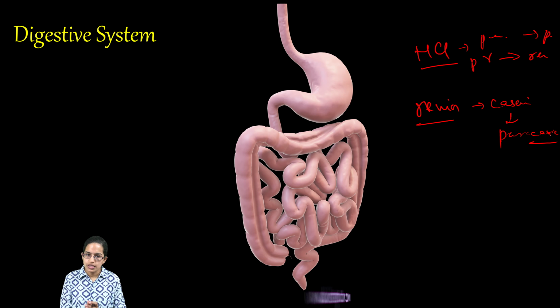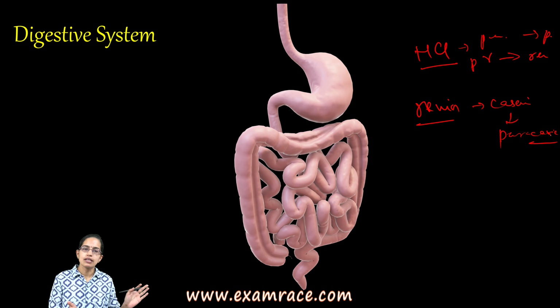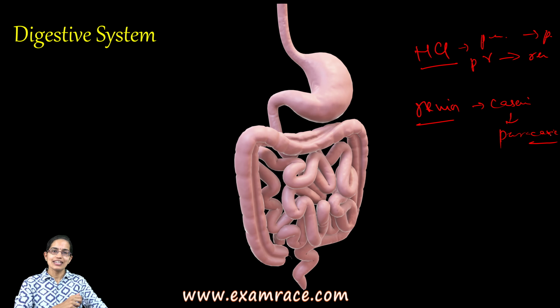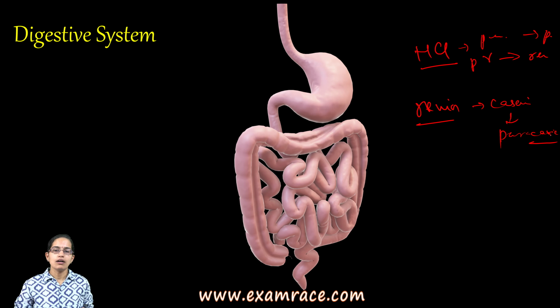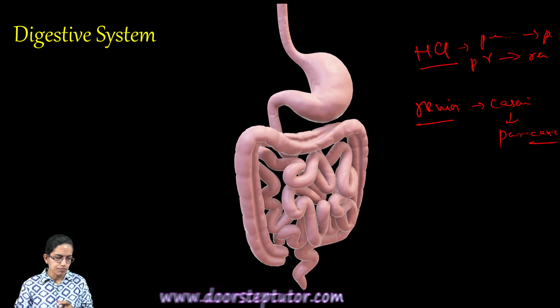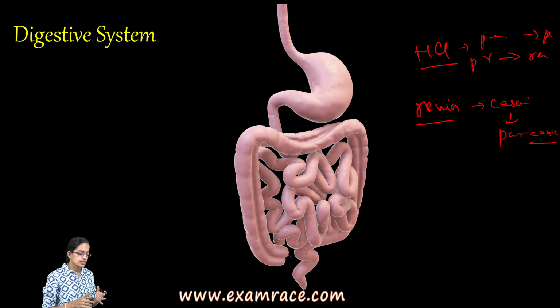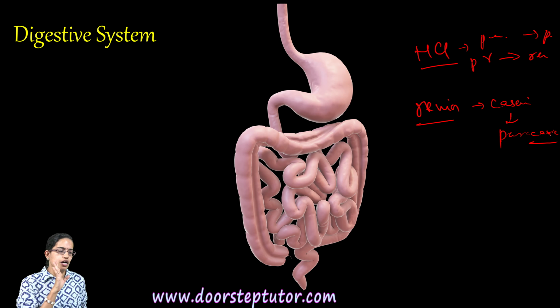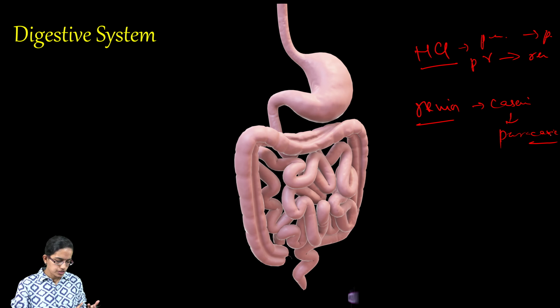Together it forms the CBD. The CBD along with the pancreatic duct opens in the region of the duodenum, and this is a very important question that is usually asked. So those are some of the important questions from this section.